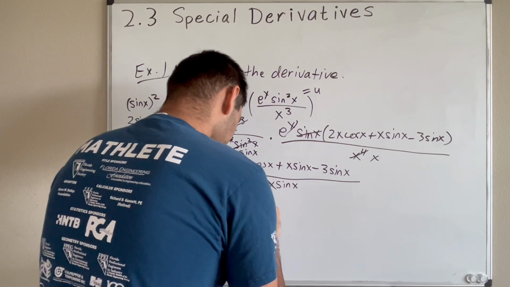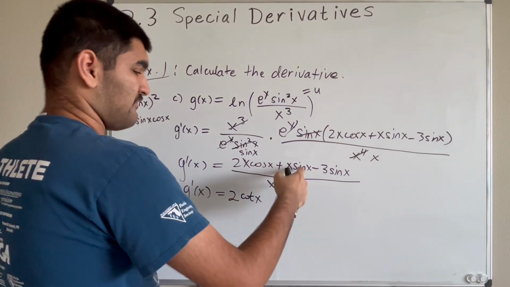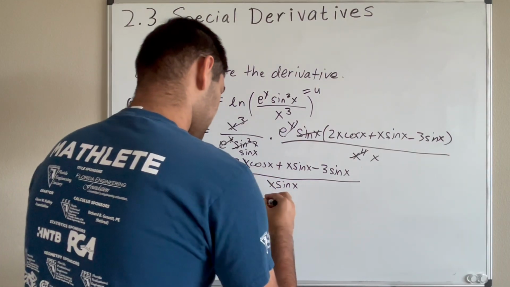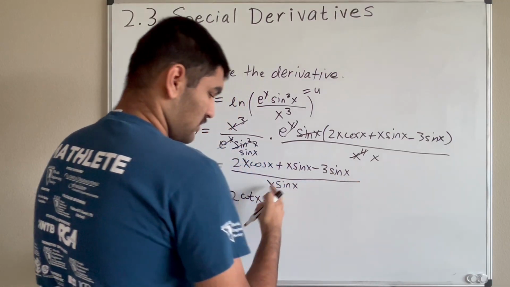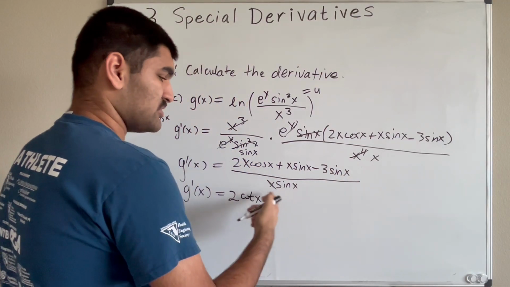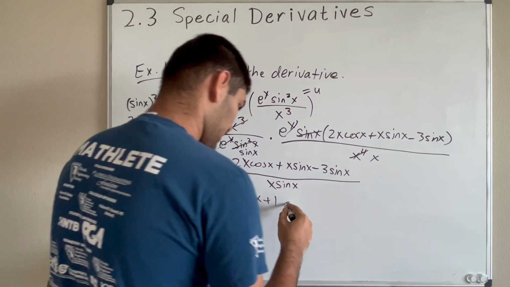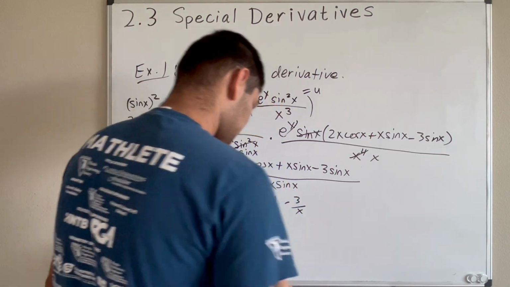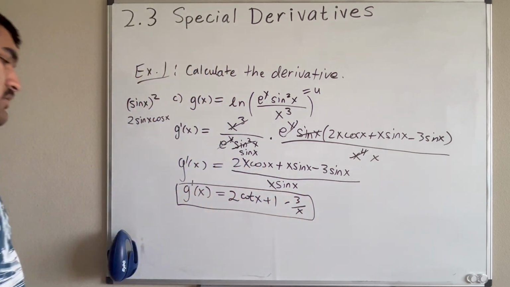So we have a 2 cotangent x. Okay, and then over here we have x sine x over x sine x, so that's just plus 1. And then we have minus 3 sine x over x sine x. So sine x cancels, and we're just left with a negative 3 over x. So this is the final derivative. Okay.